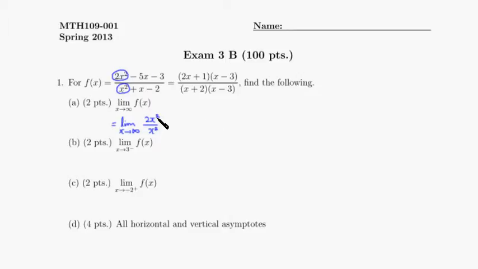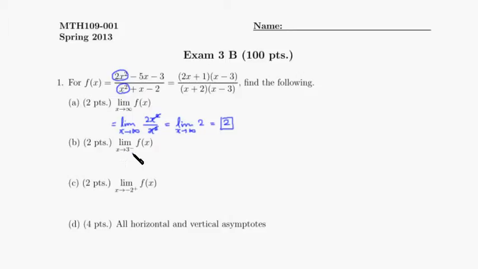You can see that x squared and x squared cancel out, so you have the limit of a constant 2 as x approaches infinity. But the limit of a constant is the same constant, so it's going to be 2.